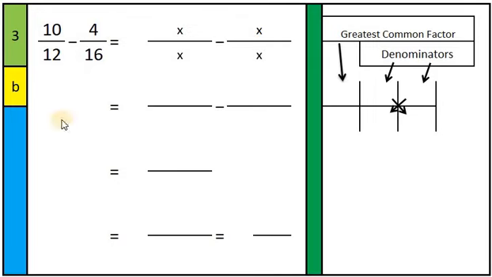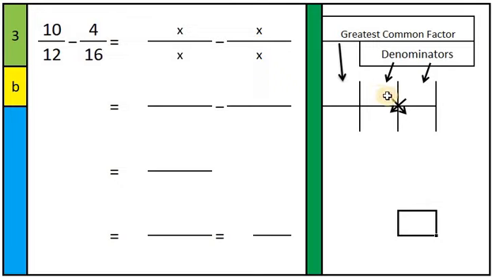Okay, let me show you again, same thing over here. 12, the small denominator, cannot jump to the big one because 16 is not a multiple of 12. But they have common factors.